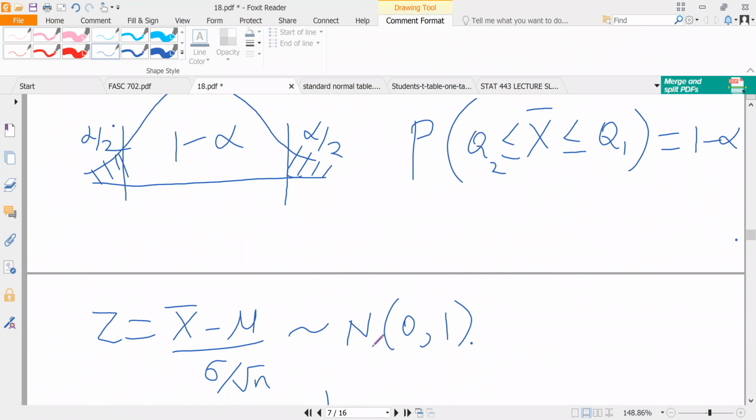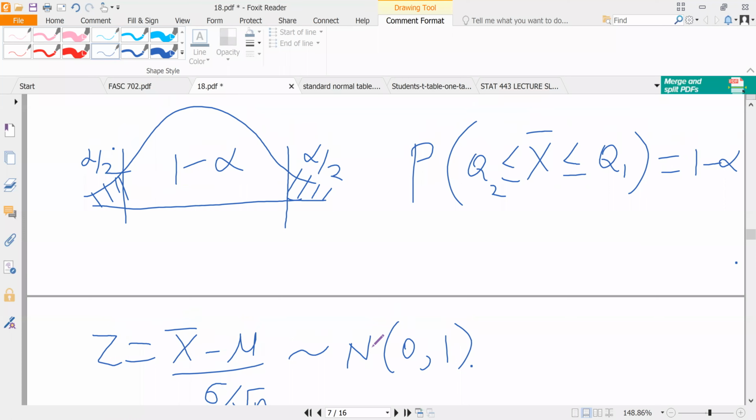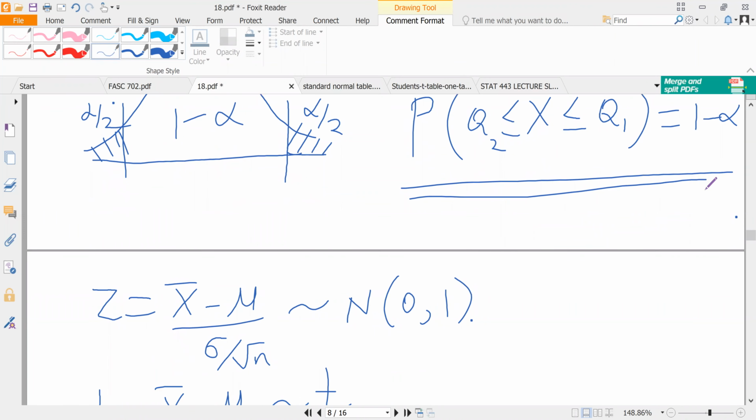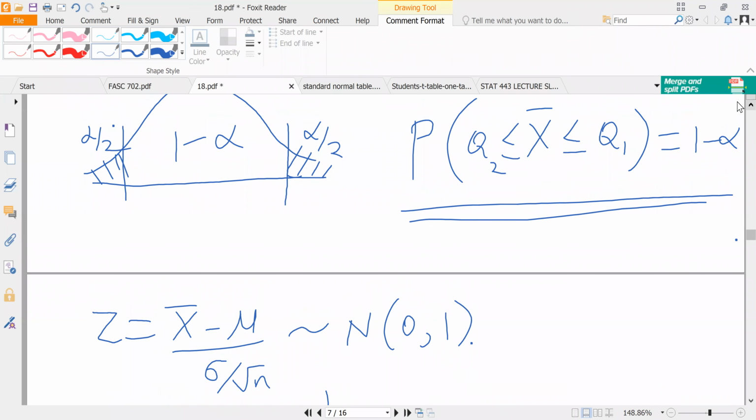So what we are going to do to this particular expression is standardize it, writing it in the form of Z. In standardization, ideally, for each quantity involved, you must subtract the population mean.